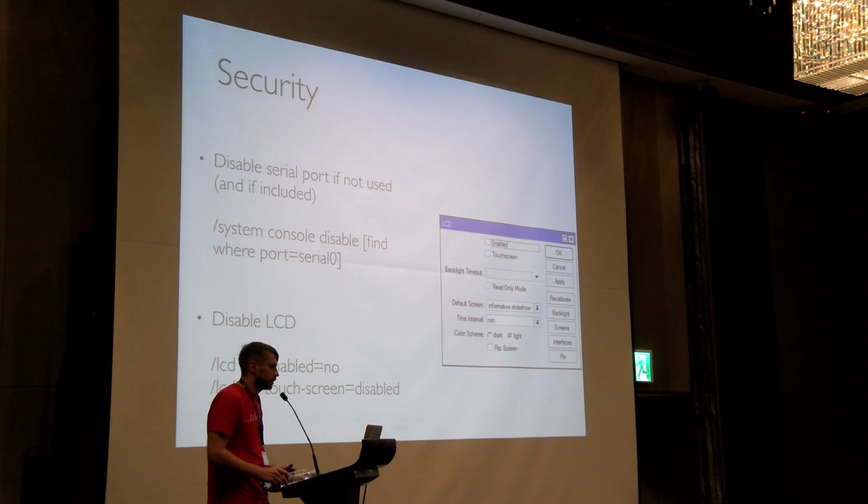The next thing is that there are some devices with a serial port, like the CCR. If there is unsecure access, a person can connect to the COM port, and we suggest disabling it. You can do it from Winbox in the console by system console disable, and disable the port.